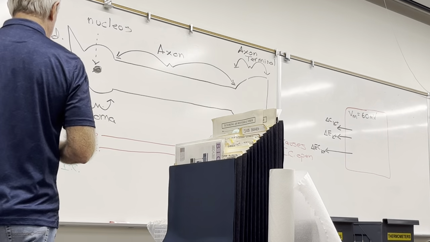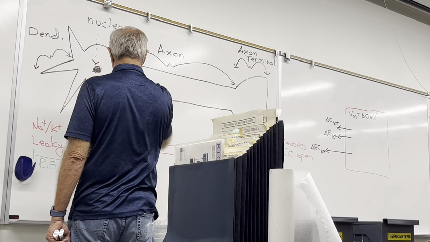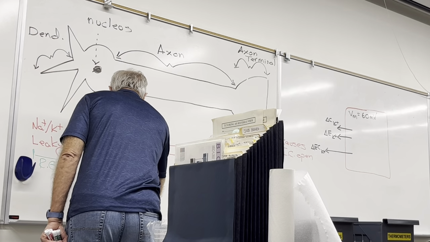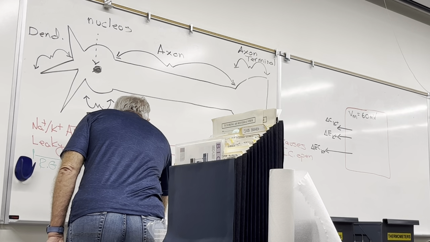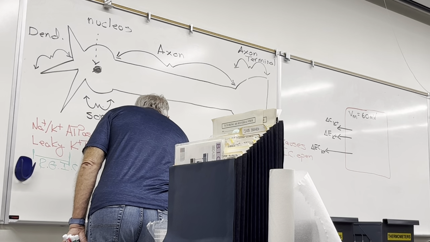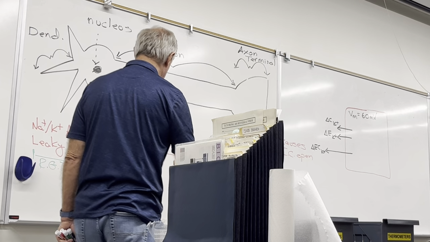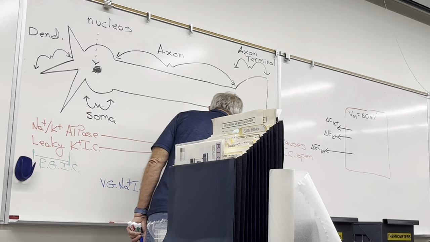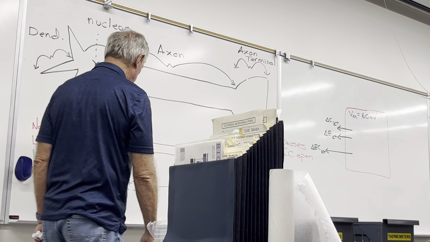Our voltage-gated sodium ion channels are found all along the length of the axon down to the axon terminal.